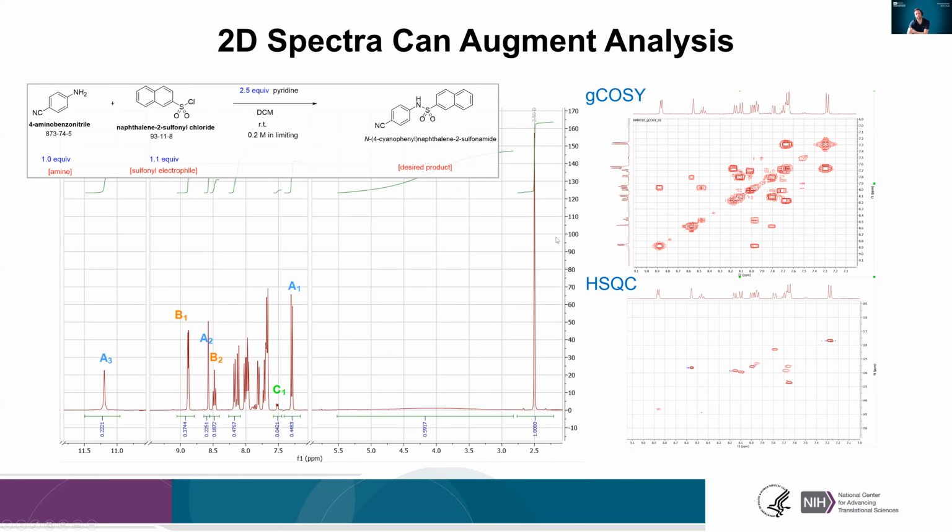So you might say, well, how useful is NMR? Things can get pretty complex, especially with crude mixtures. This is a sulfonylation from one of our benchmark reactions. We have pyridine in there, sulfonyl chloride, aminobenzonitrile. We get this product. One of these is in excess.